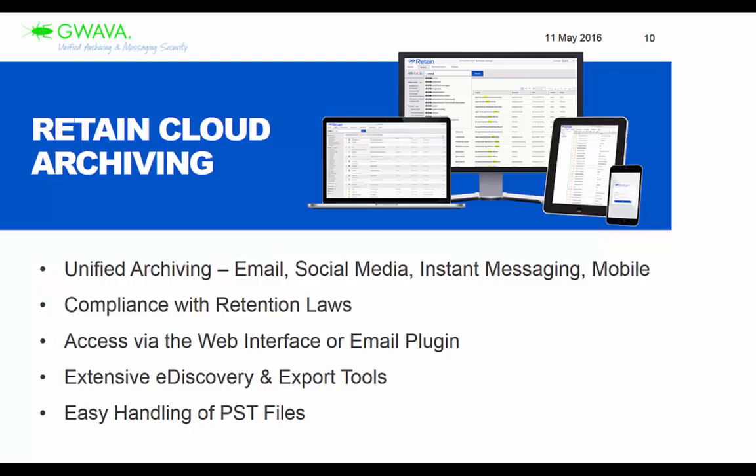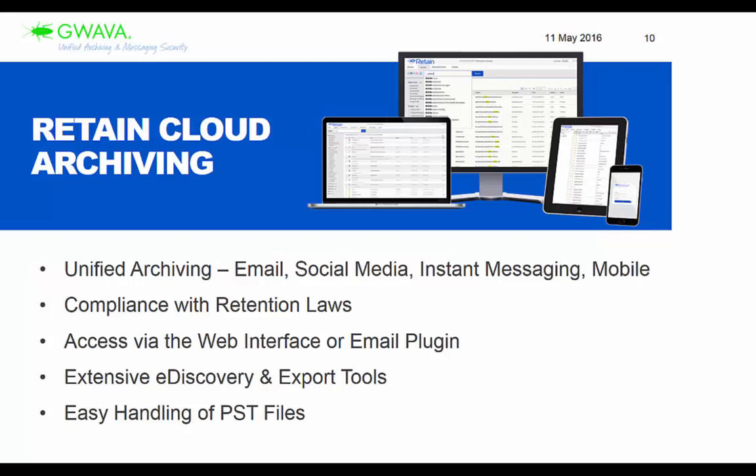So if you have a user that's accidentally deleted an email or needs to find that, it's going to be in the Retain archive, and with basically a couple of clicks, they can get that back into their live inbox. And that applies for any email system, but in particular Google Vault does not support that. So that's a value add that Retain has over Gmail, being able to restore that.